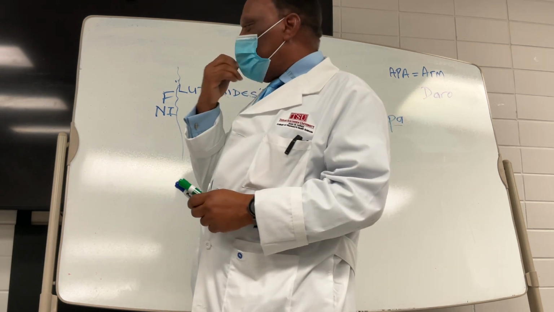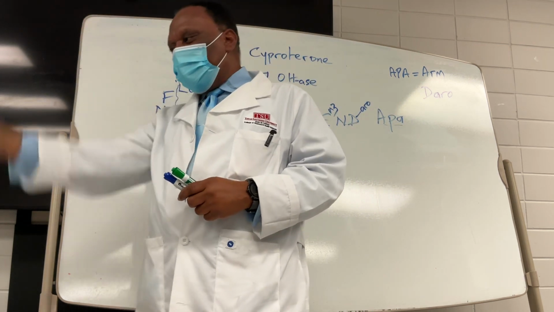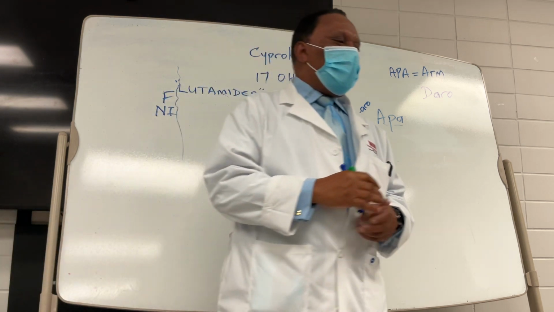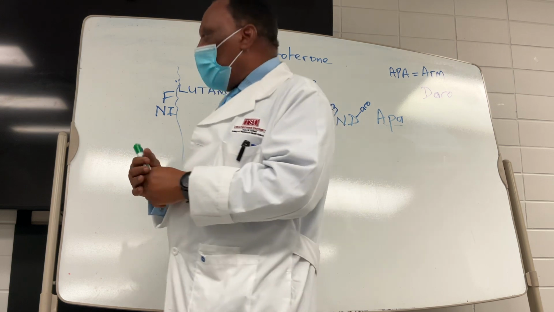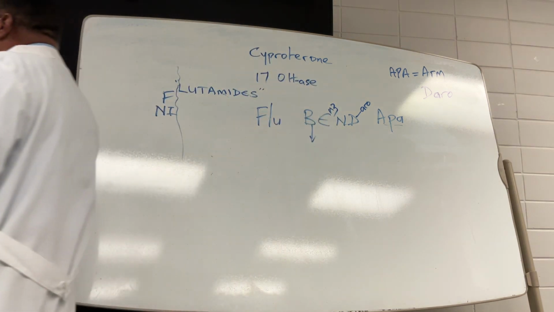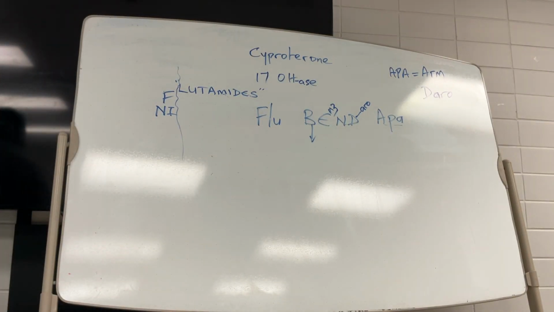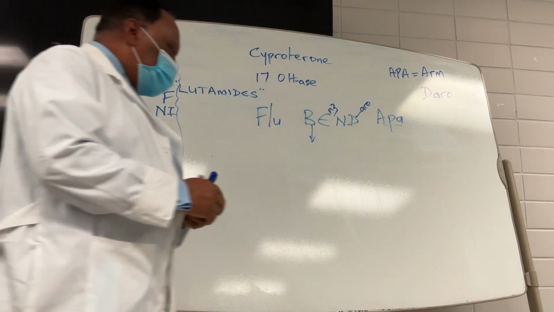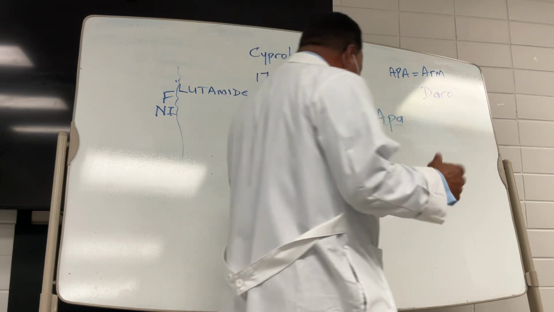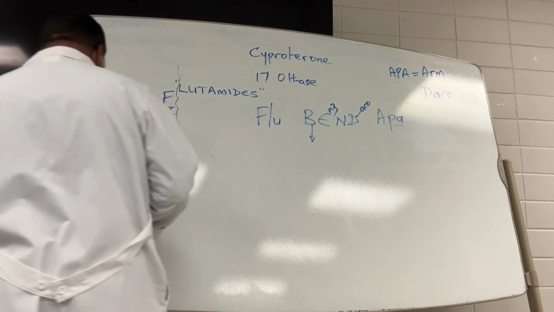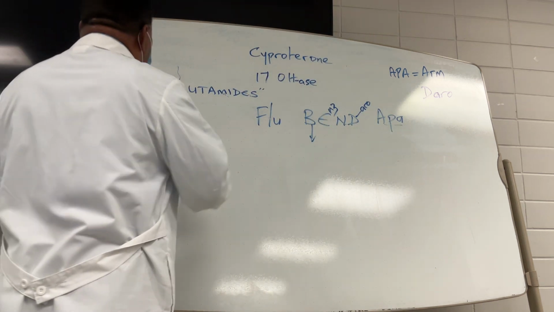Okay, so you get an initial increase and then a drop in your androgen activities. And those ones that are gonadotropin releasing hormone analogs, those are the relins.